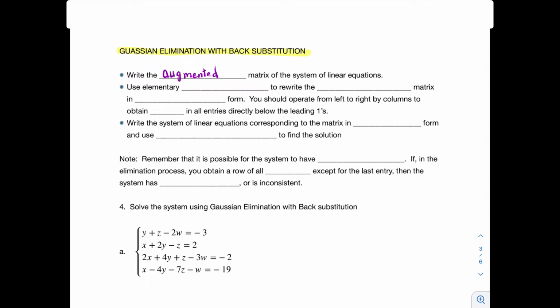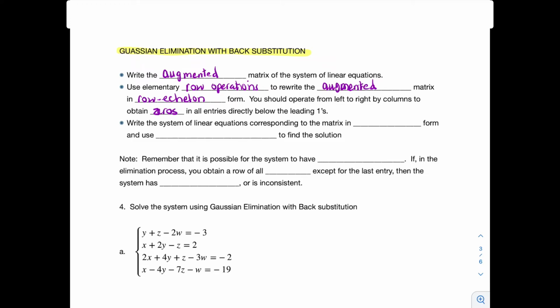Then you're going to use any of the three elementary row operations that we've learned to rewrite the augmented matrix into row echelon form. My hint to you: in the process of writing this into row echelon form, you should operate from left to right by columns, to obtain your leading ones and to obtain zeros in all entries directly below your leading ones.